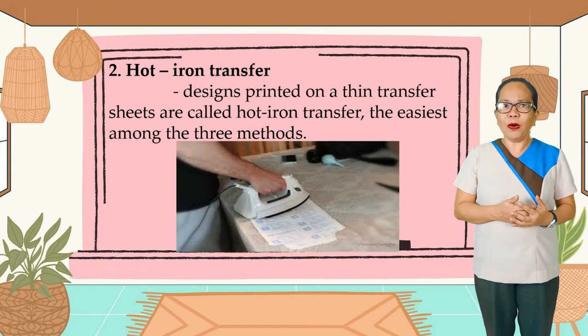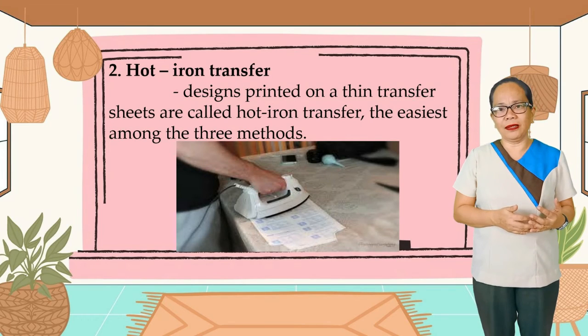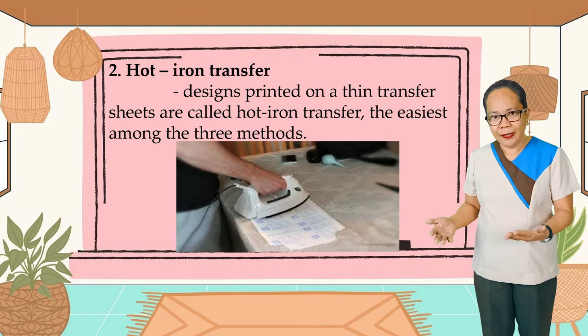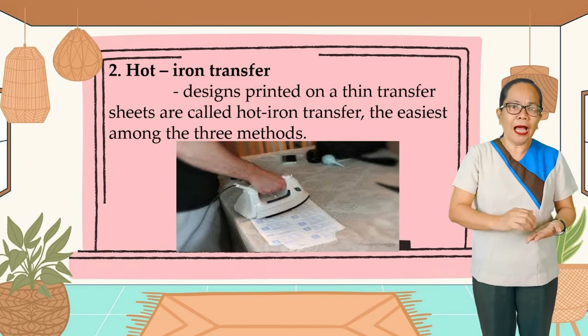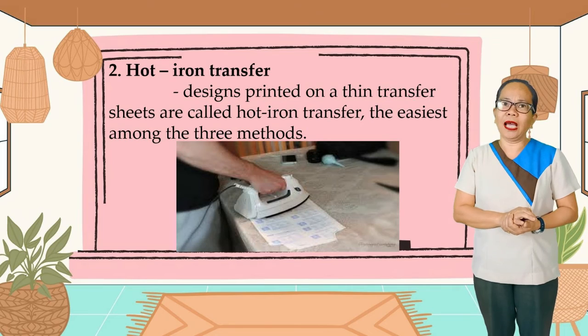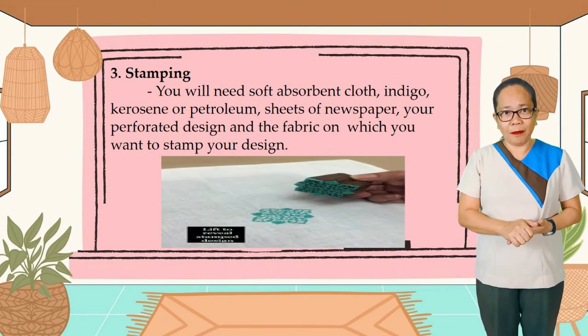Next, the easiest one among the three is the hot iron transfer. You have the design, papatong mo siya sa tela, then paplansyahin mo siya. So, that is the hot iron transfer method. And the last one is the stamping.